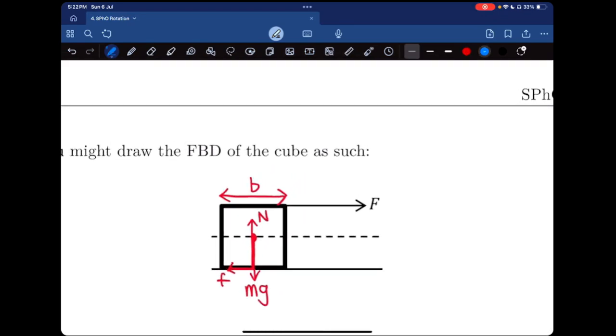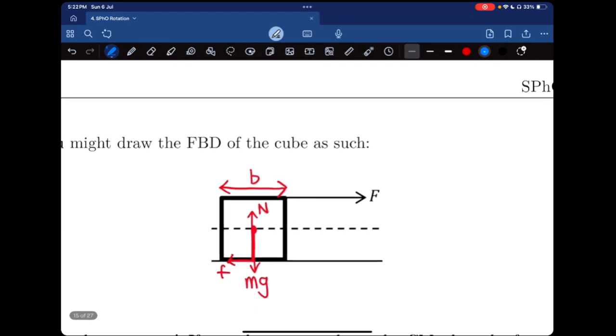And at first instinct, you might draw the free body diagram like that, where you have a friction, normal force, and you have mg. And your normal force acts at the center, at the base of the cube, and your friction acts at where your normal force acts, like that. And this could be your first intuition on how you draw the free body diagram.